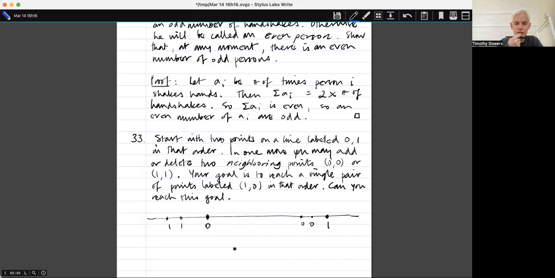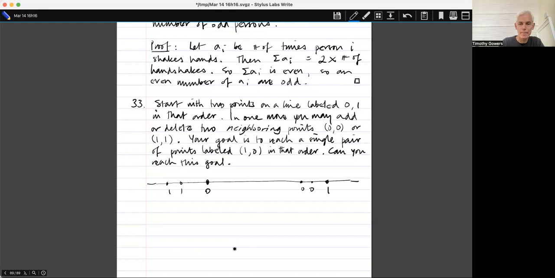So this looks very much like an invariant question. It looks pretty hard to get to 1 0. So I think there should be some invariant that distinguishes 1 0 from 0 1.